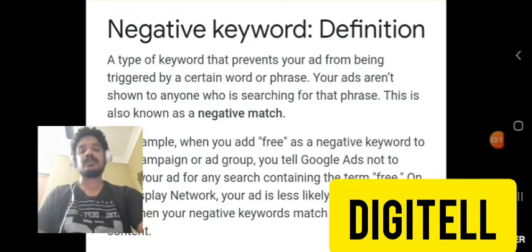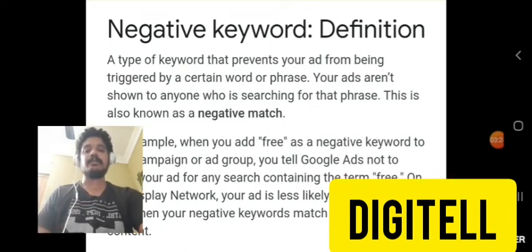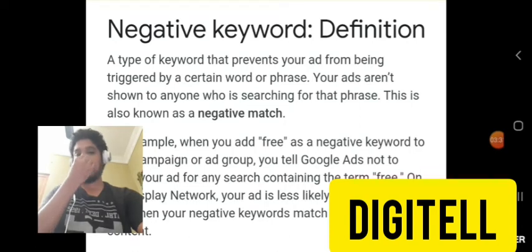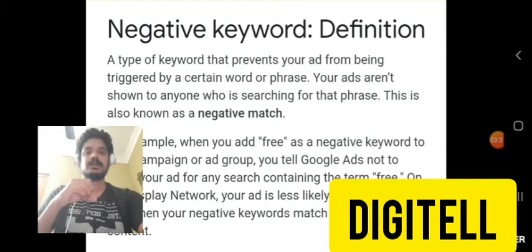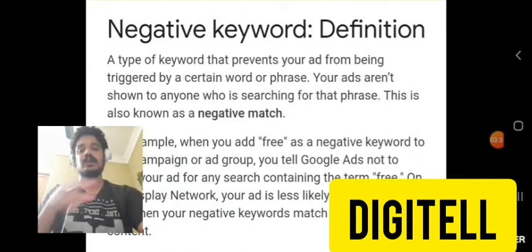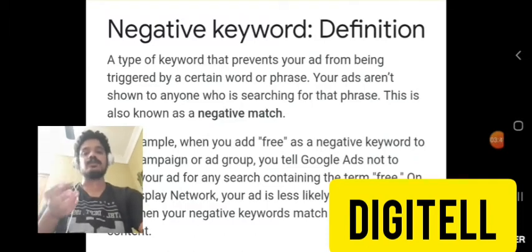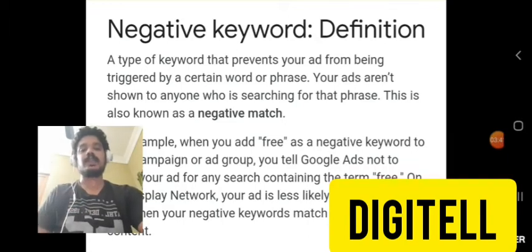These are all negative keywords of plumbing water leakages. If I am running plumbing water leakages as a keyword, my ad may trigger for cell phone water leakages also. So we have to add those negative keywords to our negative keyword list for our campaign or our ad group. Then this type of irrelevant searches will not trigger our ad.